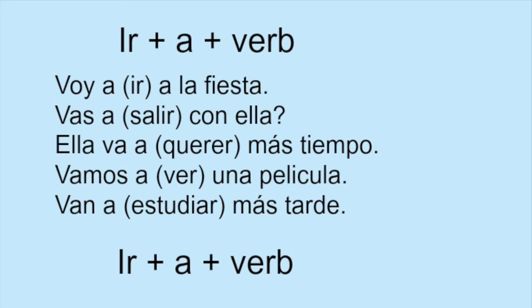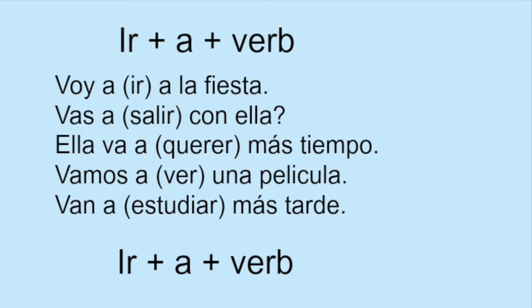So, of course, like tener plus que plus the verb, then you have saber plus verb, and then poder plus verb. Ir has a form too. So you have ir plus a plus the verb, which means kind of similar to tener plus que plus the verb. Just how que was in between tener and the verb, a goes in between ir and the verb. So look at these examples.